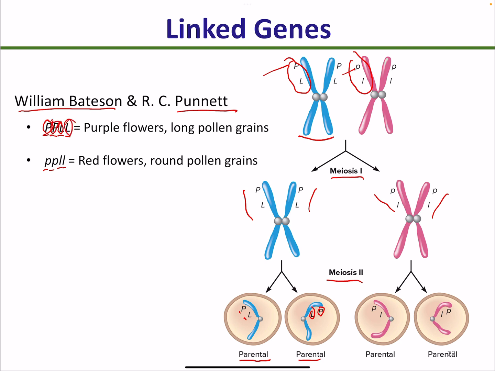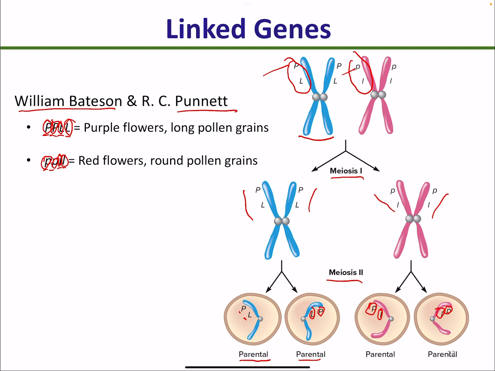Then we have lowercase p, lowercase l for this one here, and finally lowercase p, lowercase l, this one here. So that's basically the simplest form of anticipation of what gametes would be produced.